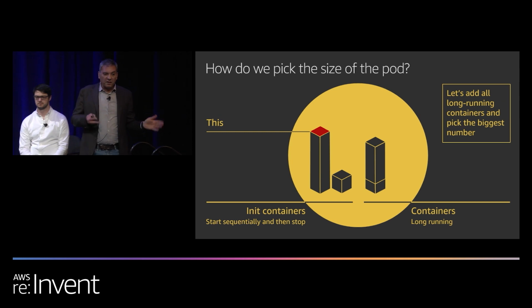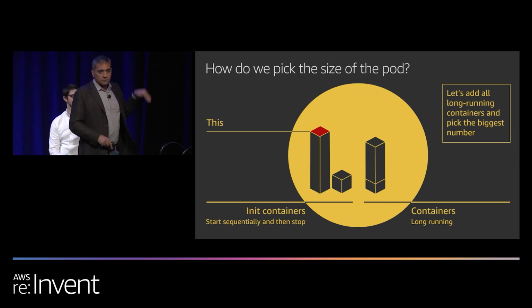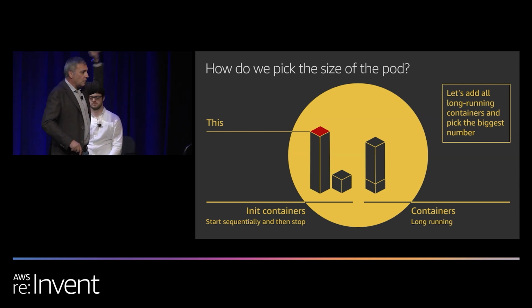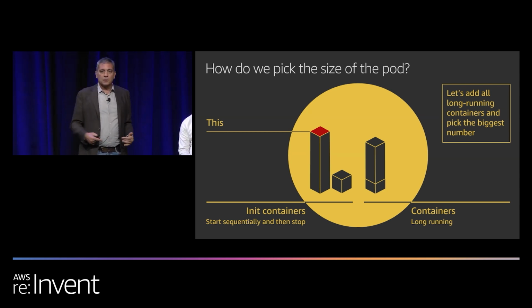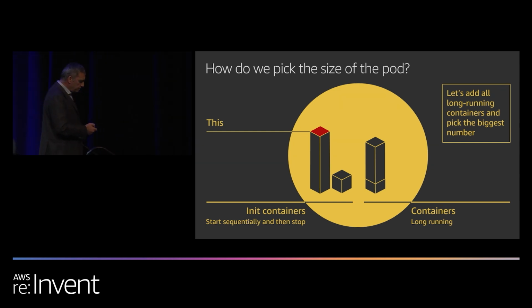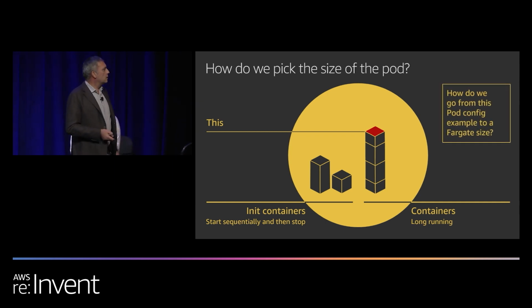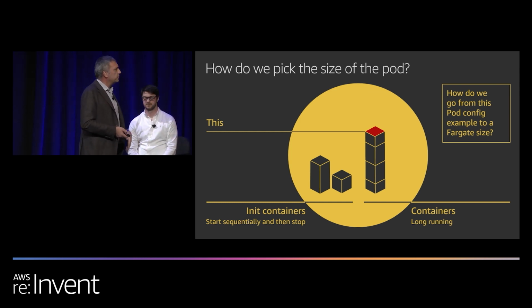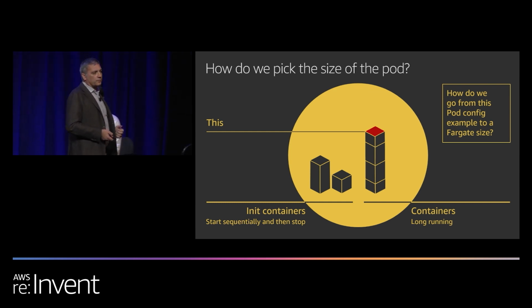Maybe it's not very real life, but if we see something like this, we pick that because it's the highest of all of those numbers. That's the logic that we use to size the pods. Now imagine you are in a more real-life environment like this one: maybe a couple of other init containers and 4 long-running containers, and that is the number that we pick.